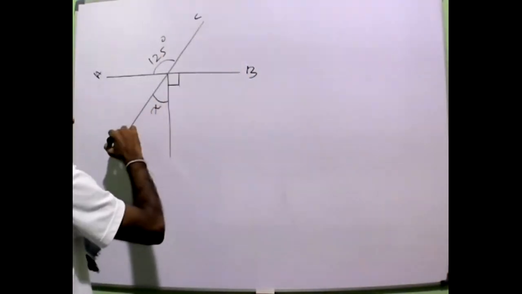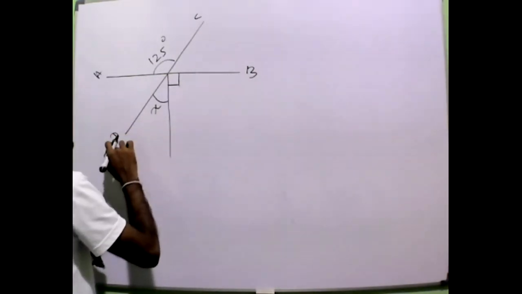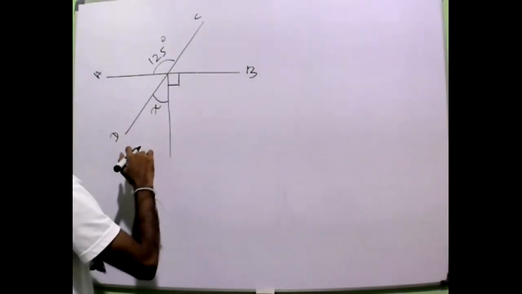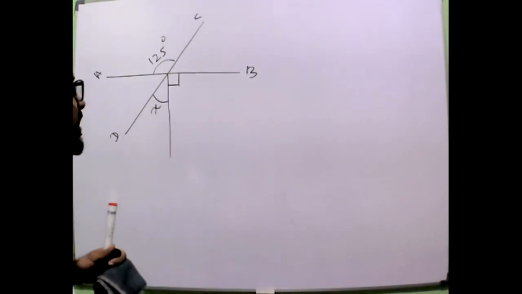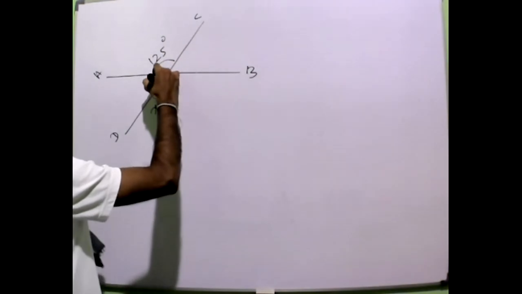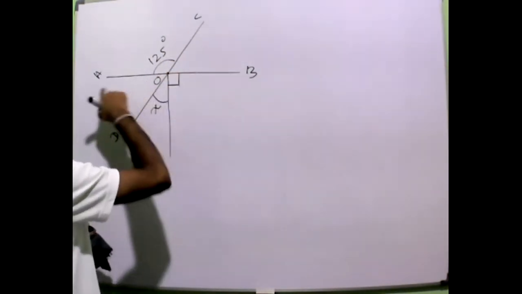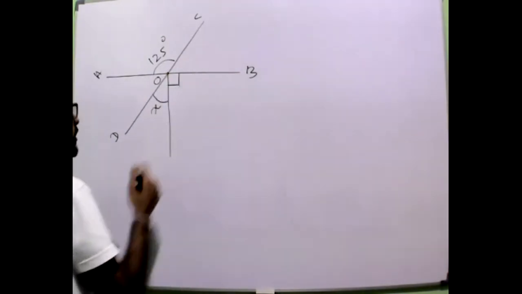And I will put some, yes, AB and CD. Now identify the correct pairs of vertically opposite angles. So I will put O because this is my middle point. AOC and DOB.